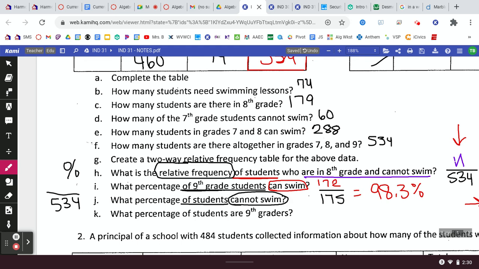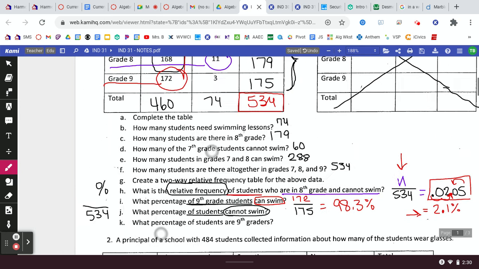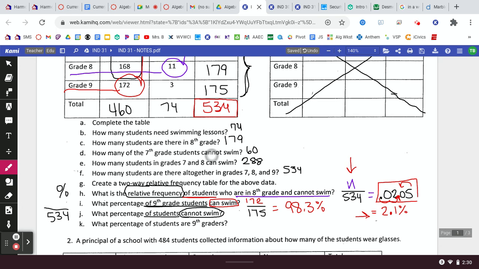So the total number of students that cannot swim is what? Chase. Total number that cannot swim. 74. So our total of all students that cannot swim, that's our smaller part. Those are the ones that cannot swim over our whole, which in this case is the whole student body.